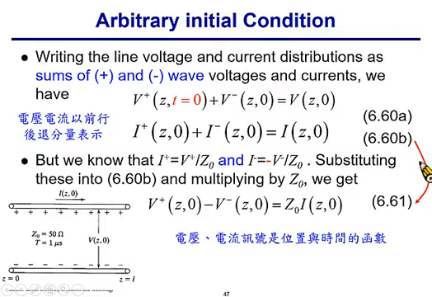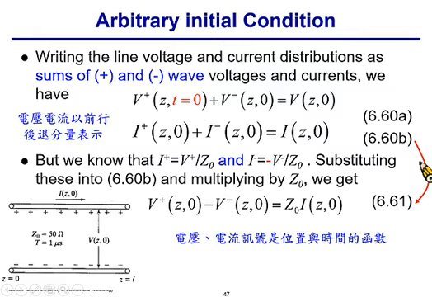line, okay? And because we know that I plus equals V plus over Z sub 0 and I minus equals minus V minus over Z sub 0, this equation can be transformed into a description using V plus and V minus.